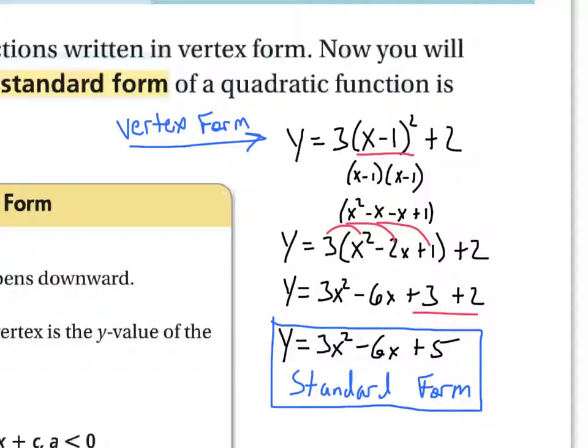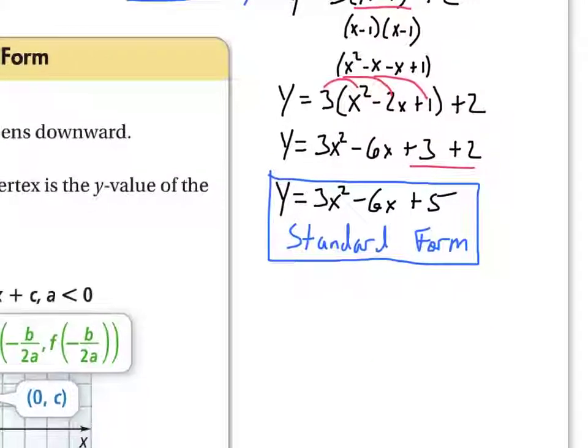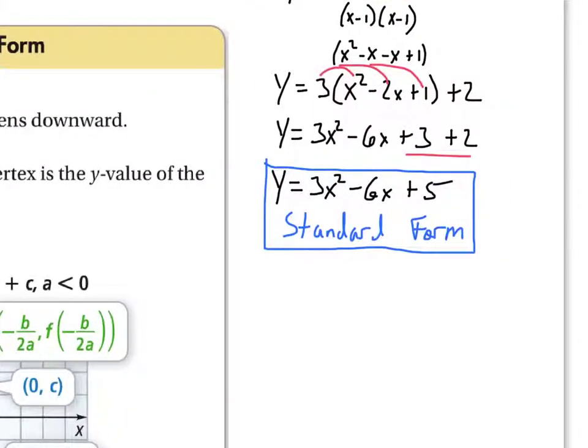Something else that standard form gives us. Not only is the a value the same between the two forms, but if we went through and looked for a y-intercept, what are the coordinates of every y-intercept in the world? The x is 0. Every y-intercept in the world has an x-coordinate of 0.